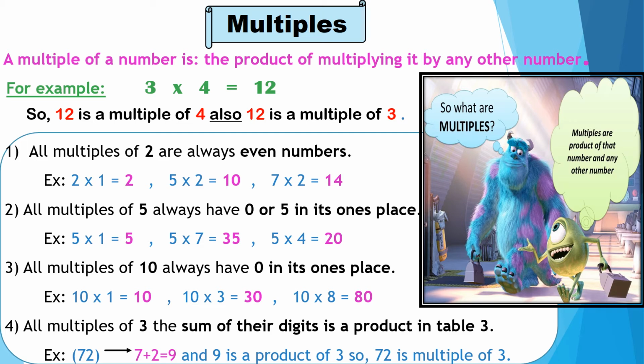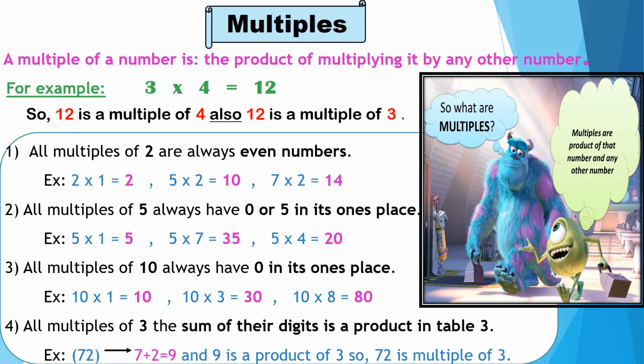Number 2: all multiples of 5 always have 0 or 5 in their ones place. Let's look here for examples. If we multiply 5 times 1, it will be 5. 5 times 7, 35. 5 times 4, 20.